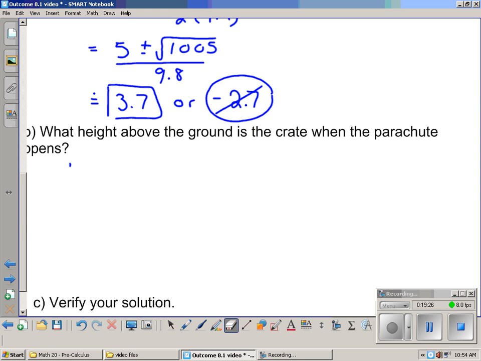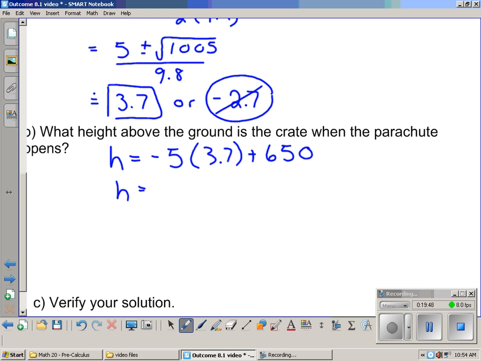Part B asks us what height above the ground is the crate when the parachute opens. To figure that out, I want to substitute in my time of 3.7 and find my height. So my height is negative 5 times 3.7 plus 650.